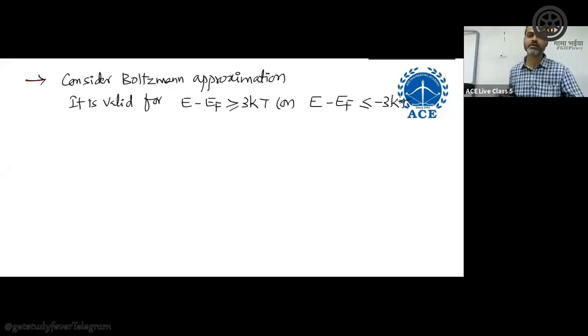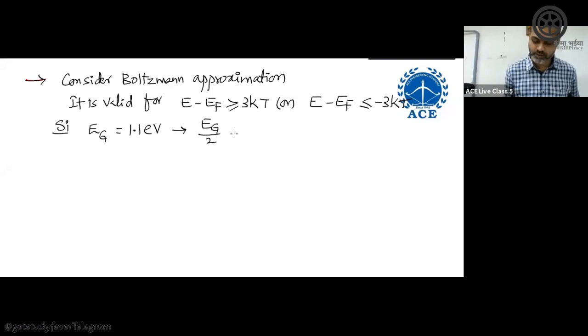Now let us take silicon material. I'm discussing silicon at room temperature. What is the energy gap at room temperature for silicon? It is 1.1 electron volt. Now what is Eg by 2 from this? It is 0.55 electron volts. Now calculate EC minus EF. Where is EF going to be?